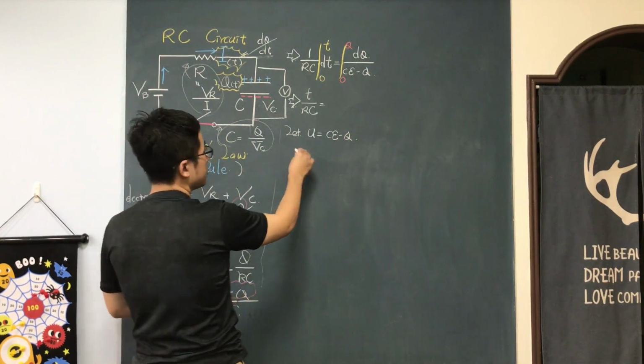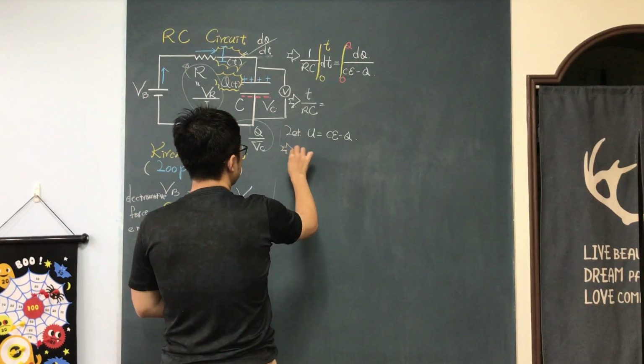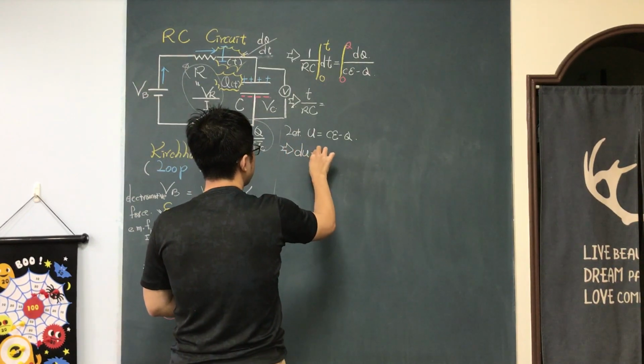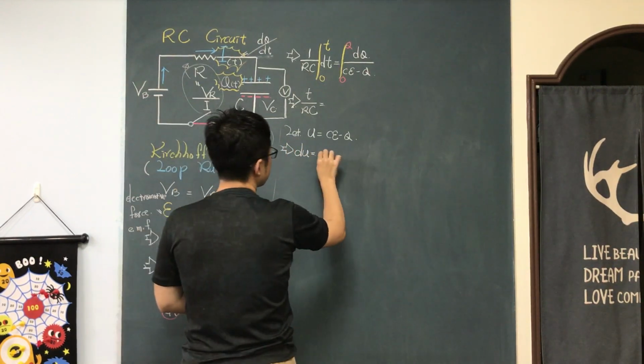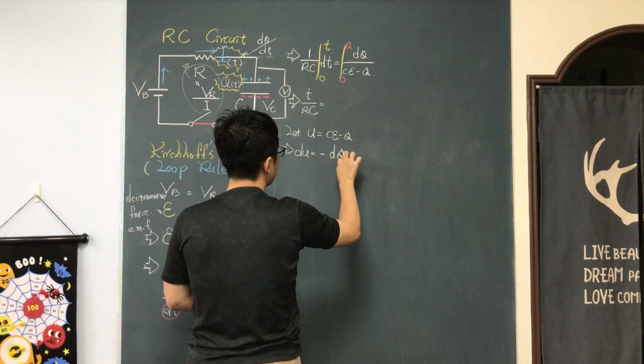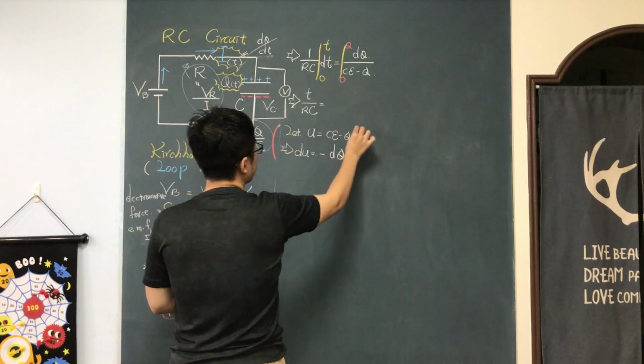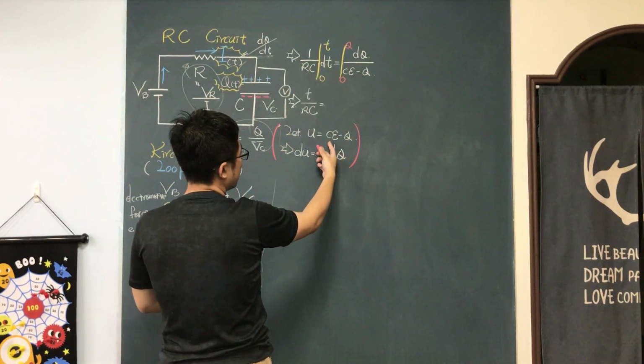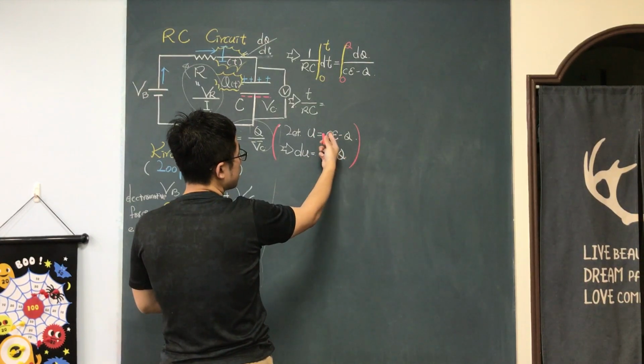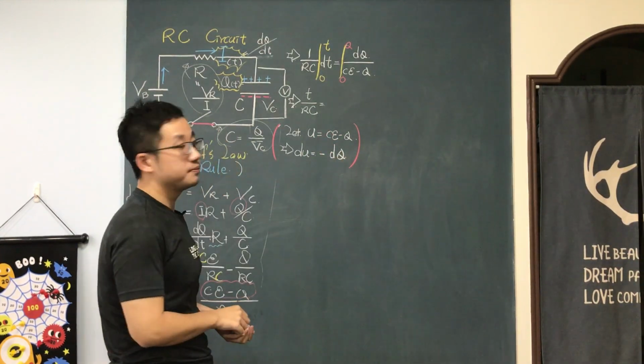And you do the differential, that will be du is equal to minus dq. Why? Because your capacitance and your voltage for your battery are all constant, so the differential of your CE should be equal to 0.